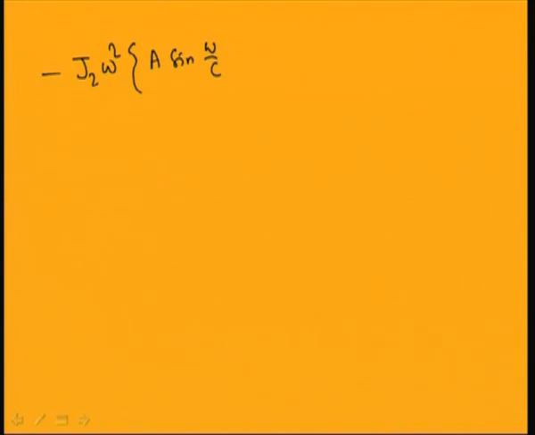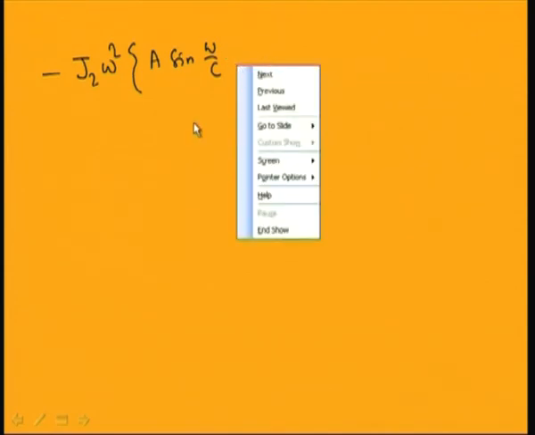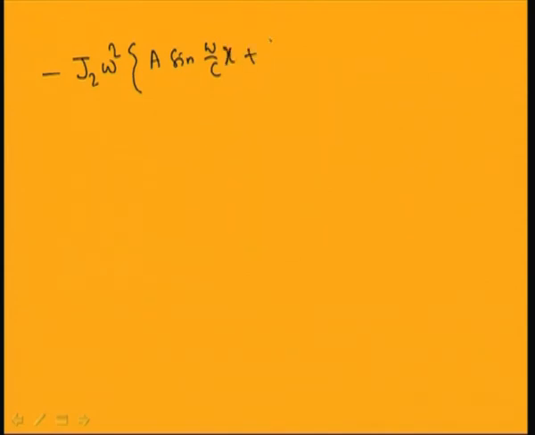So, A sin(omega/C x) plus B cos(omega/C x) into, by differentiating it twice, you have taken minus omega square common. The remaining term will be q(t), and the expression for q(t) you can write here.